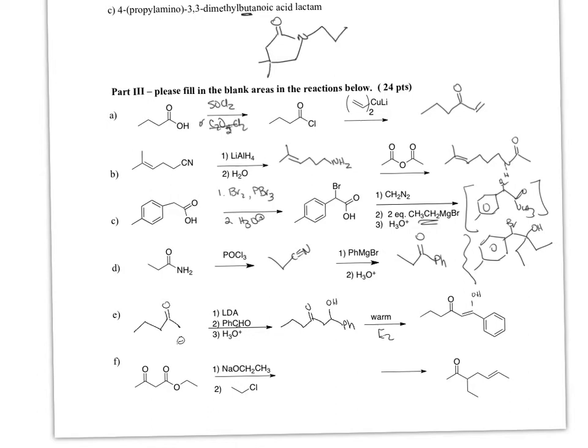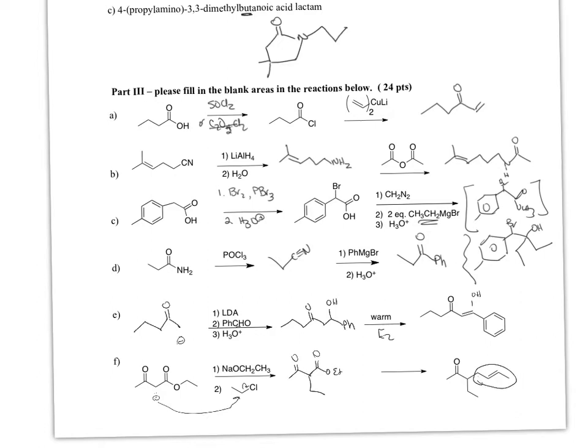All right, F looks at acetoacetic ester synthesis. And so what we're going to do is we're going to treat it with one equivalent of the ethoxide. We're going to go and do the SN2. Then I'm going to go, let's see, what did I add here?